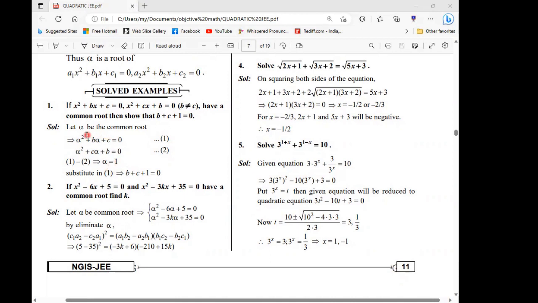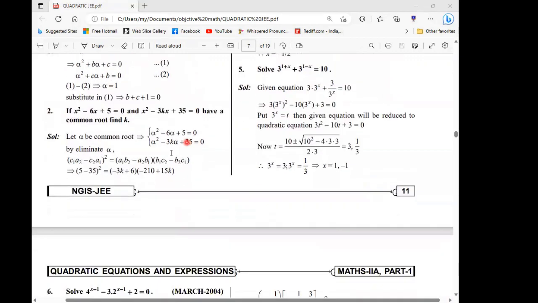Since alpha is a common root for both, you can replace alpha with 1 in either equation. Just replace x with 1. Therefore, you get 1 plus b plus c equal to 0. In the second equation too, you get the same result, b plus c plus 1 equal to 0.